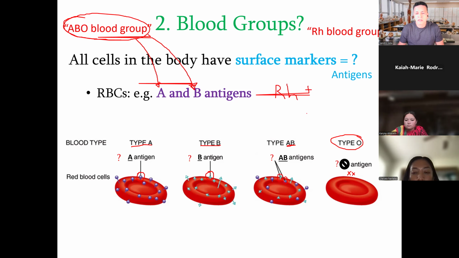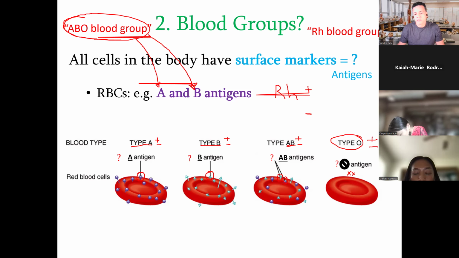If you don't have it, you're going to be Rh negative. So you can be a type A positive or negative, type B positive or negative, AB positive or negative, and also a type O positive or negative, because again, they are independent.